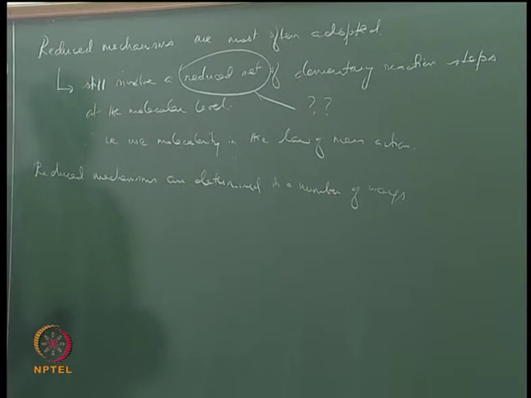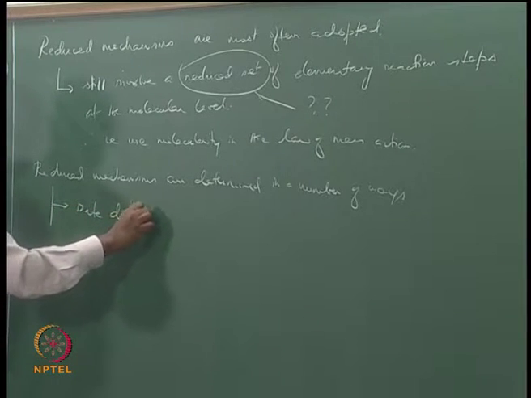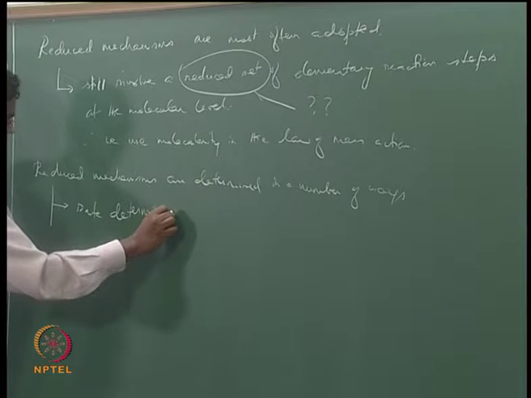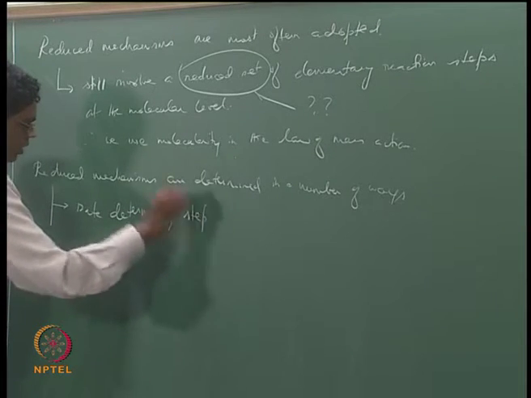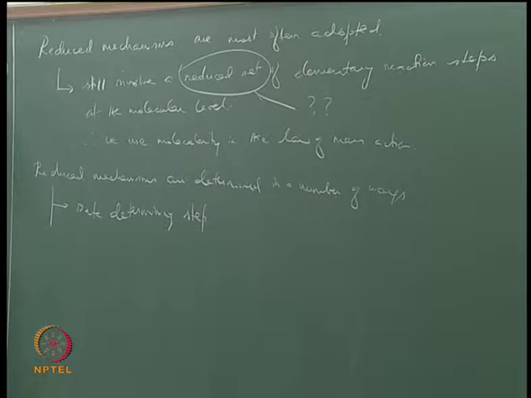I am not going to say much more about this, but the easiest for us to think about is to look at the rate determining step. The rate determining step is typically the slowest step that is happening.